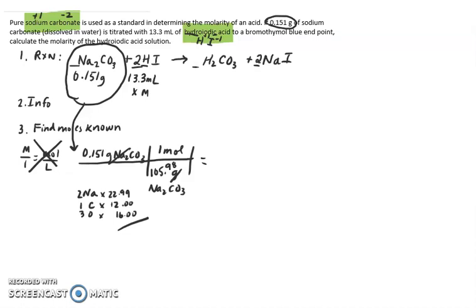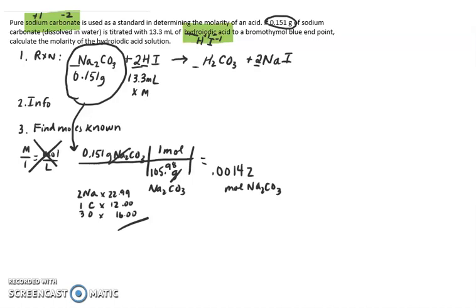And I get, for an answer, 0.00142 moles of sodium carbonate. All right, I know who's going to be concerned about how many sig figs and that sort of thing. I'm actually keeping quite a few more digits in my calculator because I don't have the answer to the question yet, but I'm just being lazy about writing them down. So again, I'm not clearing my calculator. I'm leaving that number there.